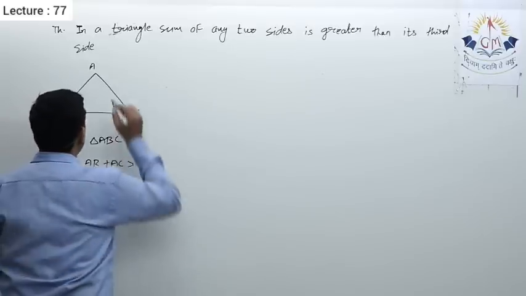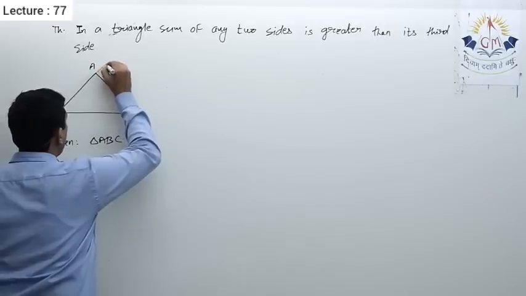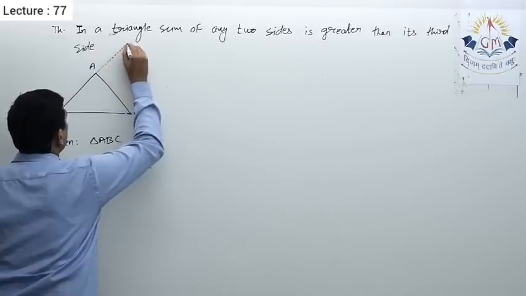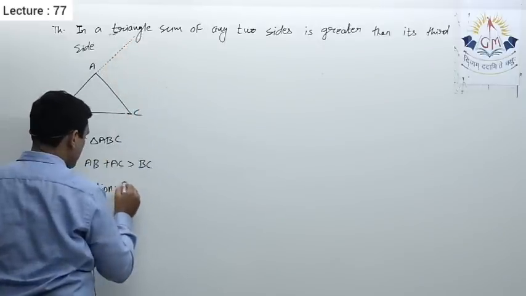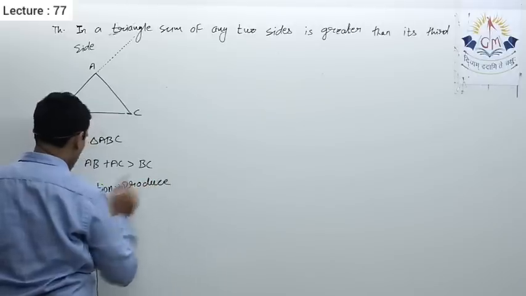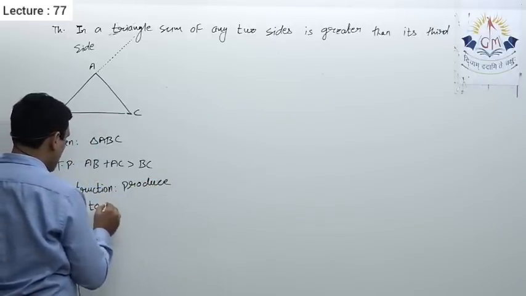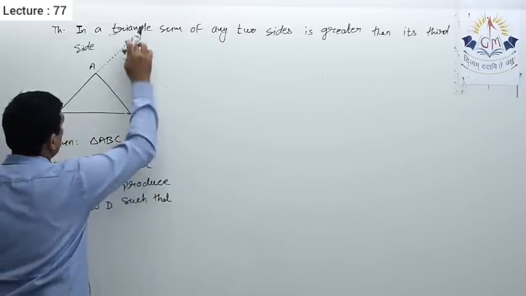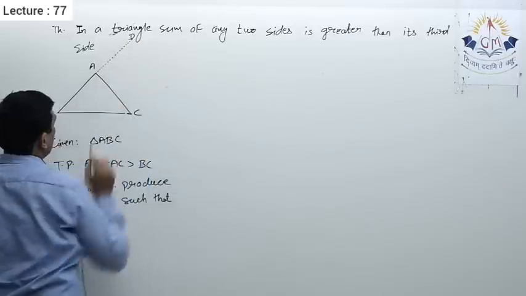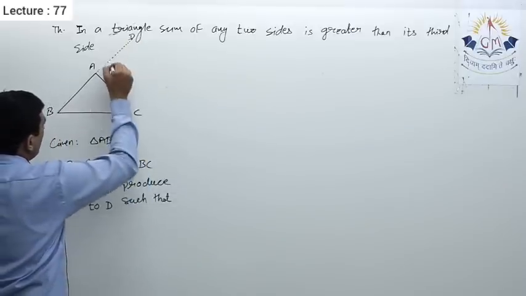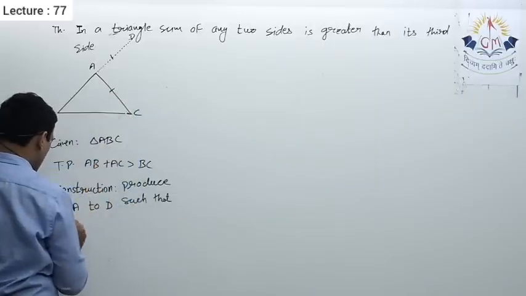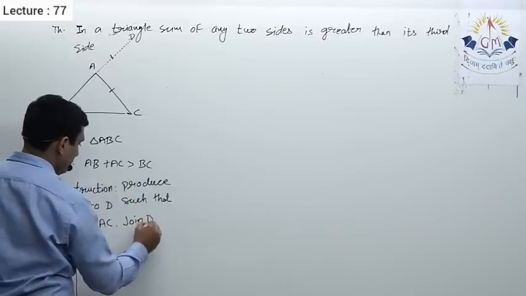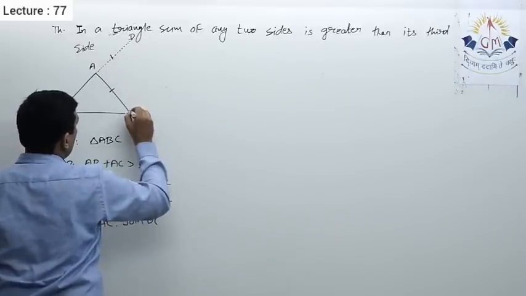Small construction is required. Produce BA to D such that AD is equal to AC.